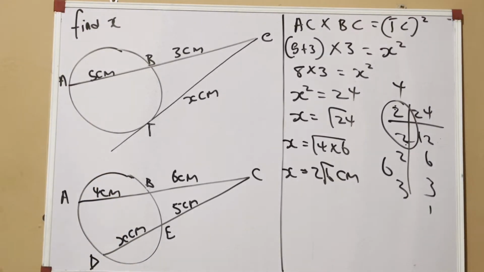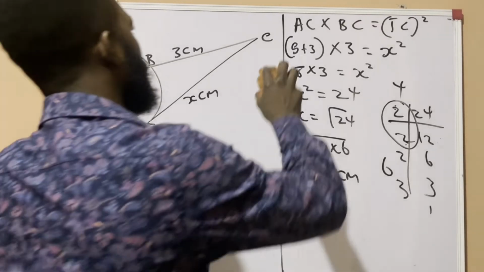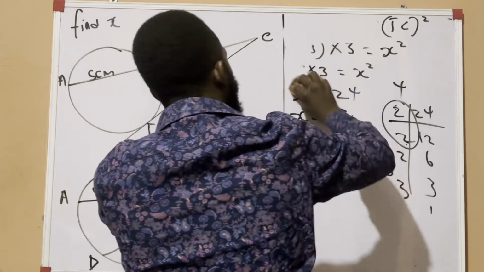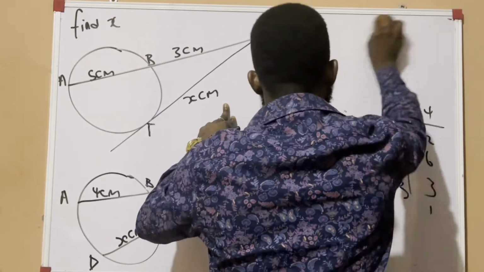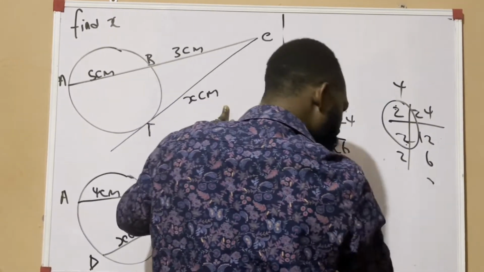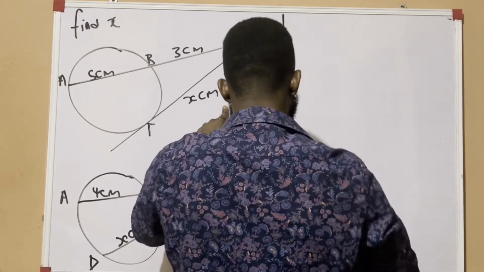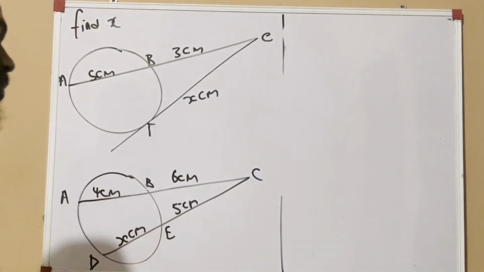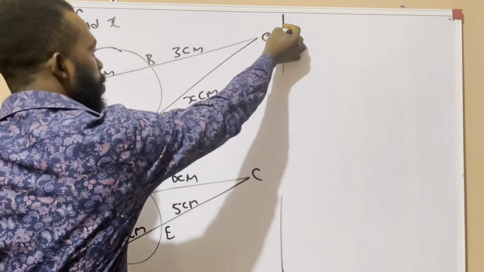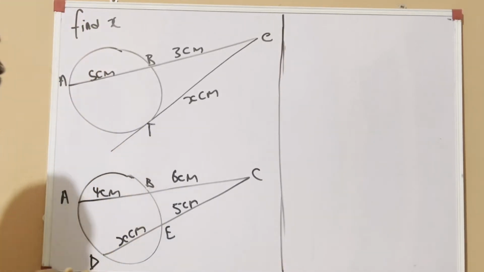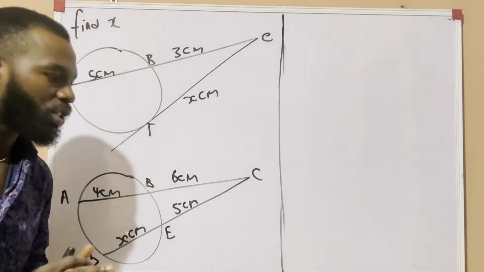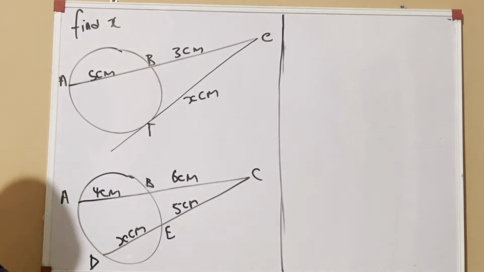Let us solve for question number 2. You see, it is as simple as this. You don't need to stress yourself too much to get problems like this done. Now question number 2 is not like question number 1 because none of the chords is a tangent to the circle.